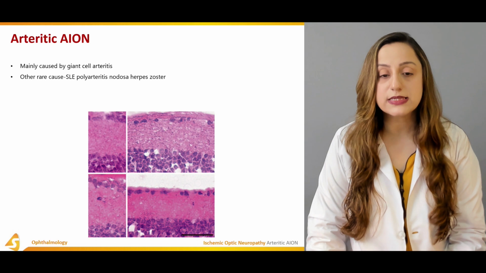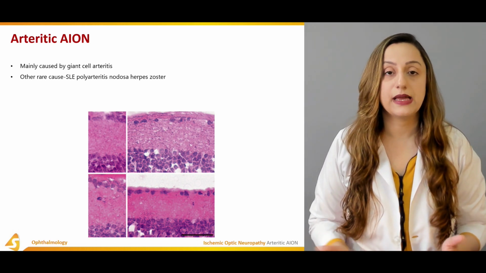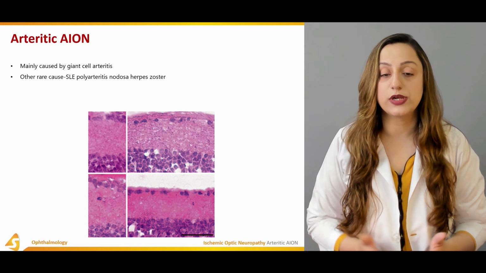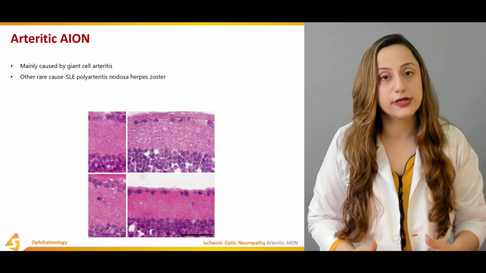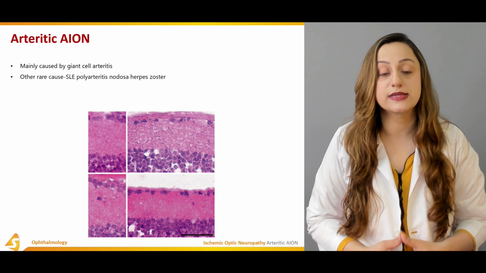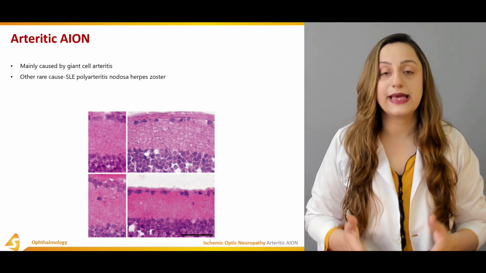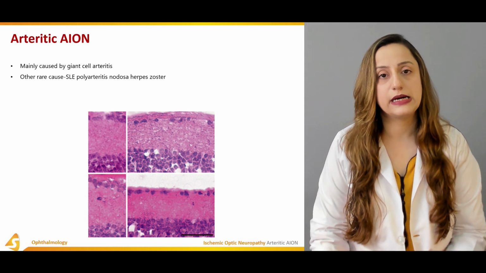The other rare causes would include SLE. It's again an autoimmune disease, and it can relate to polyarteritis nodosa, or it can be herpes zoster. Herpes zoster is viral in its development. Polyarteritis nodosa is again an autoimmune disease, and SLE is again an autoimmune disease. So it can be this range of factors that can contribute.